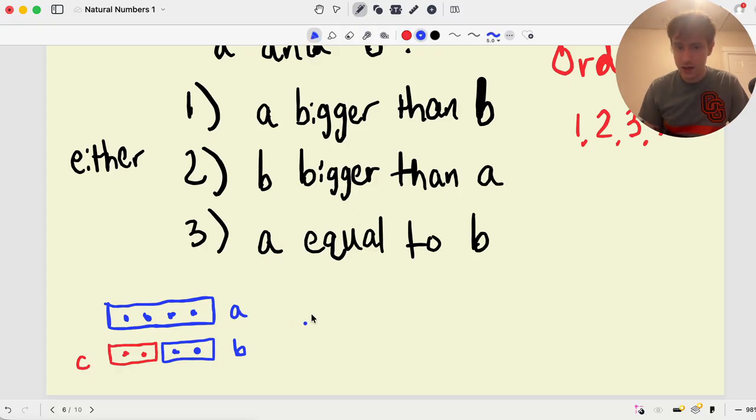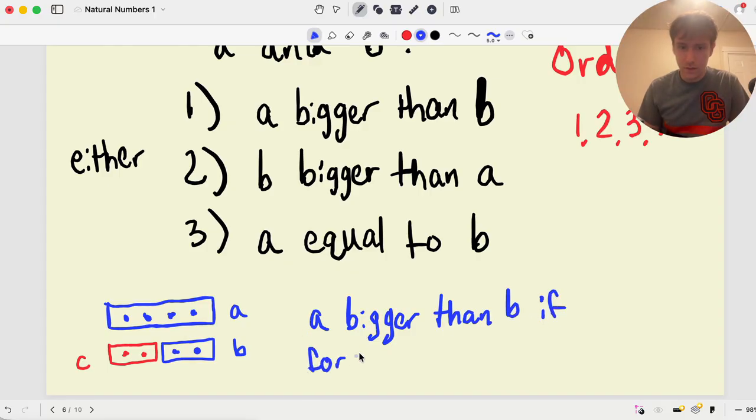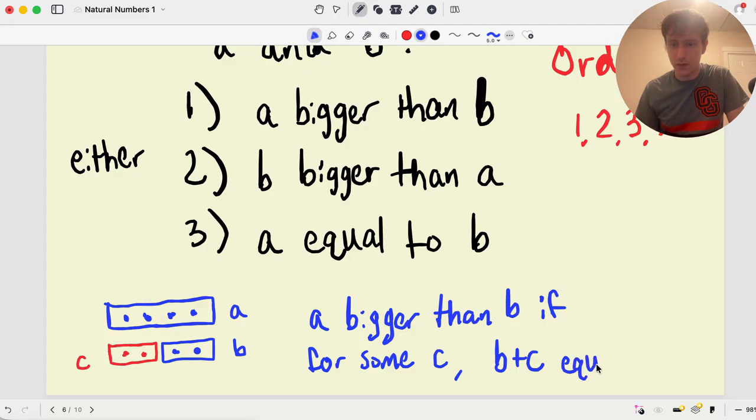So we say that a is bigger than b if for some natural number c, b plus c is equal to a. And of course, I shouldn't use symbols. So I should say, equal to a.